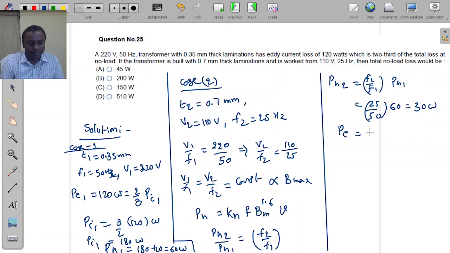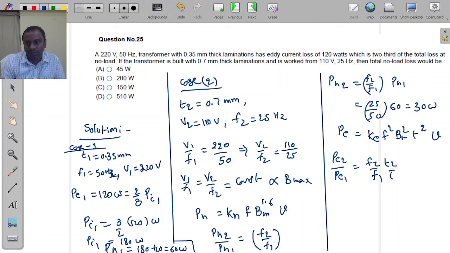Similarly, eddy current loss is some eddy current loss coefficient Ke times F square times Bmax square times T square times volume. In this case volume is constant, so eddy current loss 2 by eddy current loss 1 is F2 by F1 into T2 by T1 whole square. Remaining all are constants.